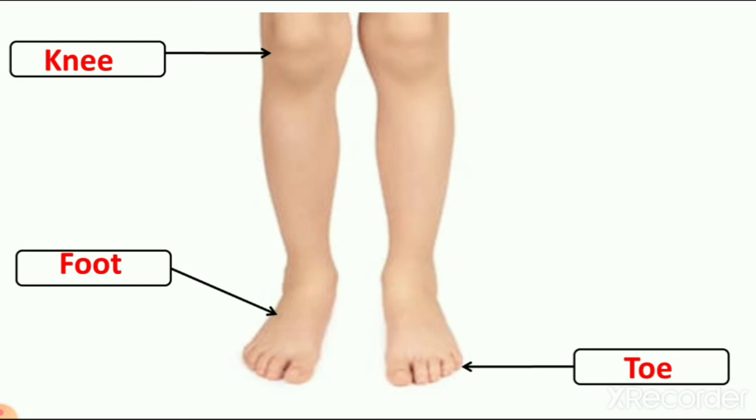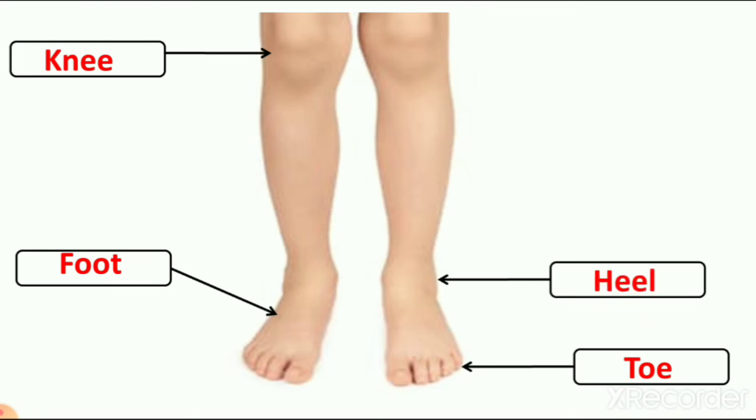And our legs help us in many ways. So we have fingers in hands. So we have toes in our legs. We have an elbow in the hand and we have a knee in our leg. So now you can understand that they are different but they are the same. Then next is the heel.